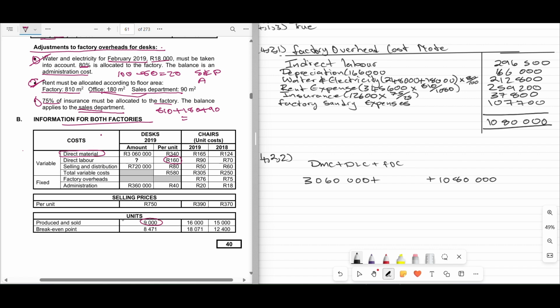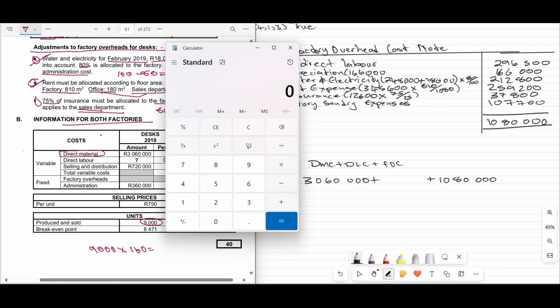And we have our units sold and produced. From these units, you can still get your direct labor cost. So you are going to say 9,000 units sold and produced, multiplied by 160, you are going to get your direct labor. Why am I using units sold and produced? Remember that those who are producing and selling those units are what you call direct labor.